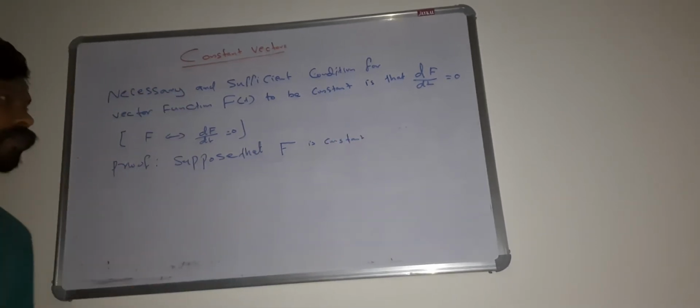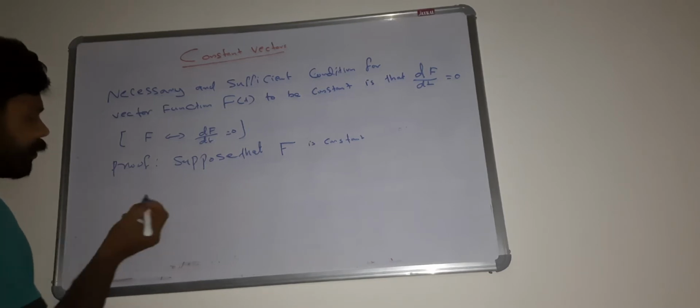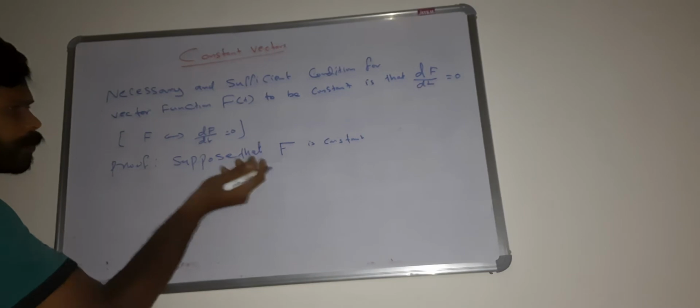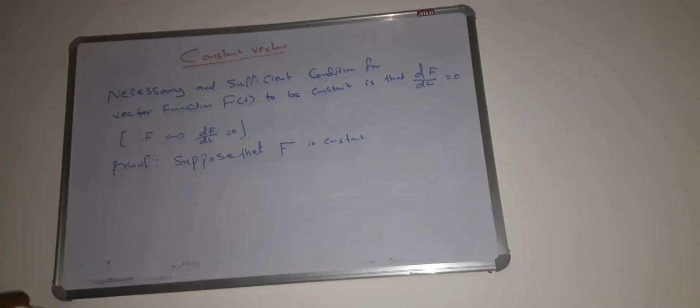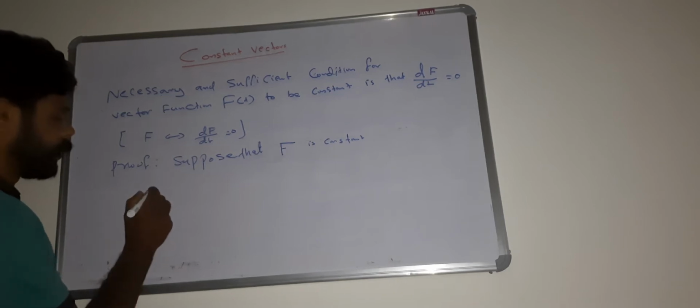Vector valued function f is constant. So by definition both the direction and the magnitude are constant.